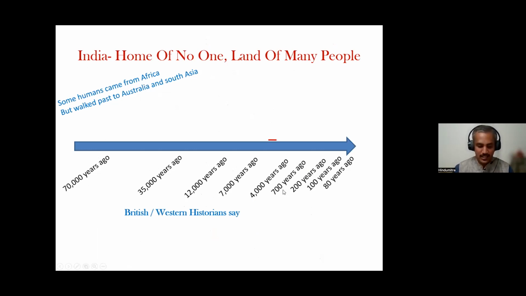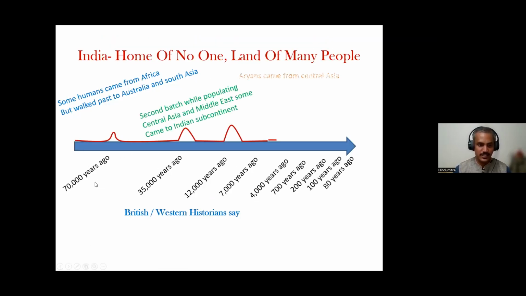So the Western historians always made a theory that India was a home where no one originally lived. At the same time, they put forth the emphasis that India was a land of many people, not one people, so that no one people can claim this as a home of their own. In their attempt to prove that, they said some 70,000 years ago, some people from Africa and the Middle East came and stayed.